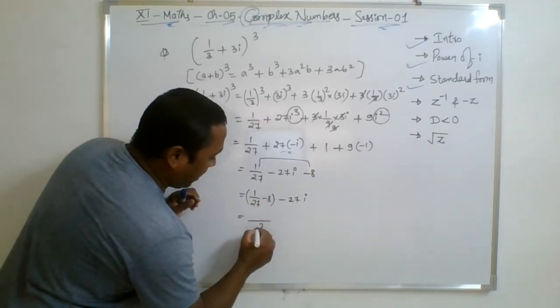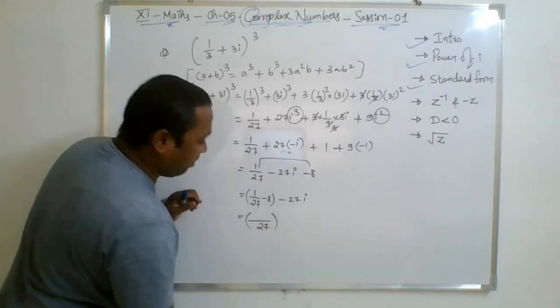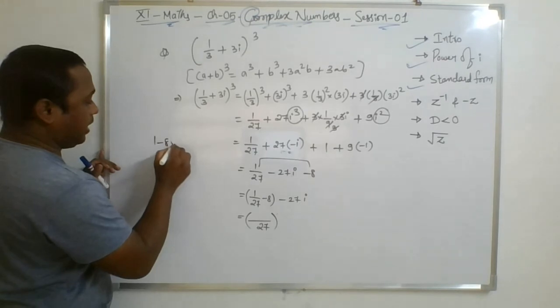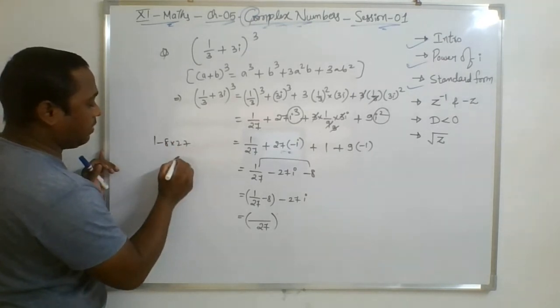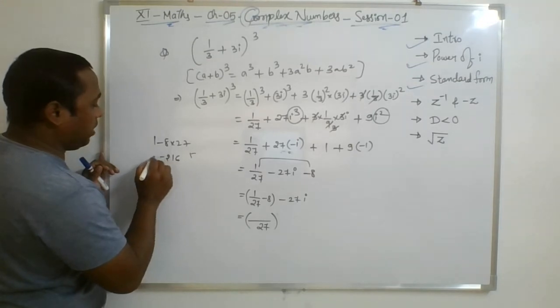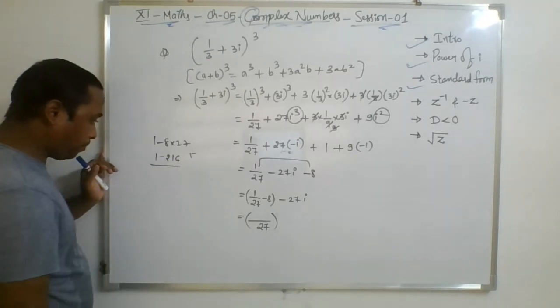So by taking LCM and all, you will be able to write some value here. So 1 minus 8 into 27, 8 sevens are 56, 16, 21, that is 216, this one.